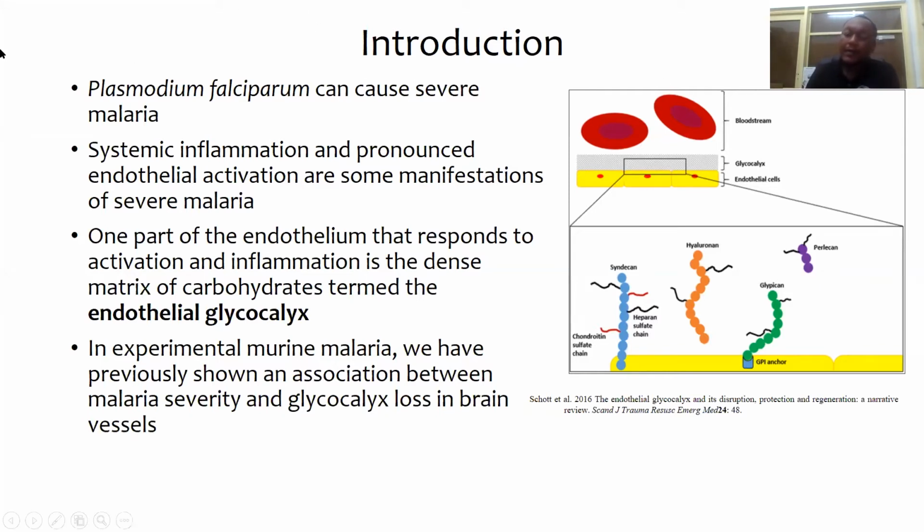In this study, what has been done in experimental malaria is that it has been shown that malaria severity and Glycocalyx loss appear in the brain vessels. Next slide, please.